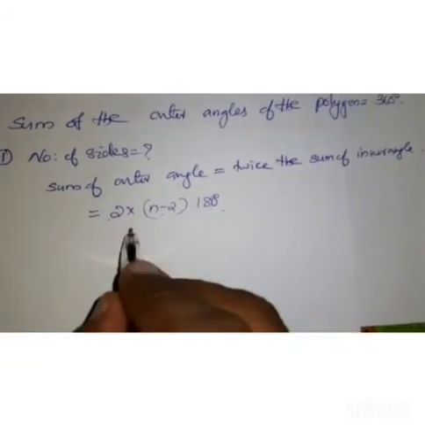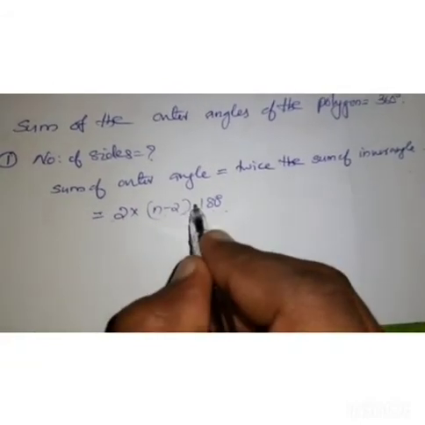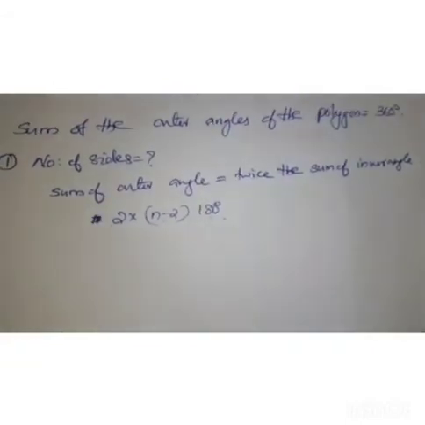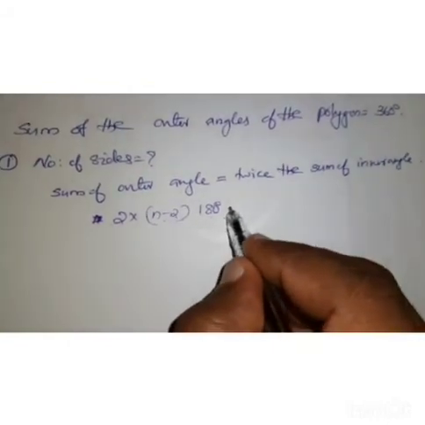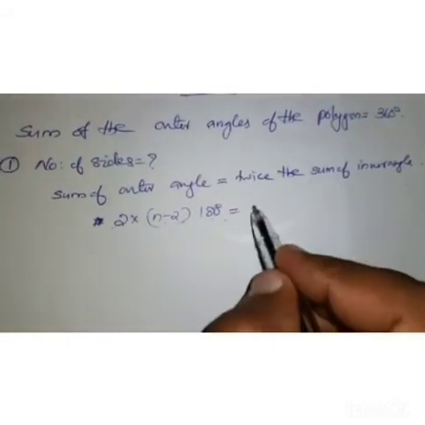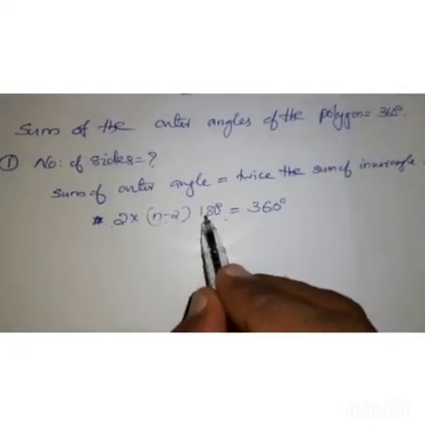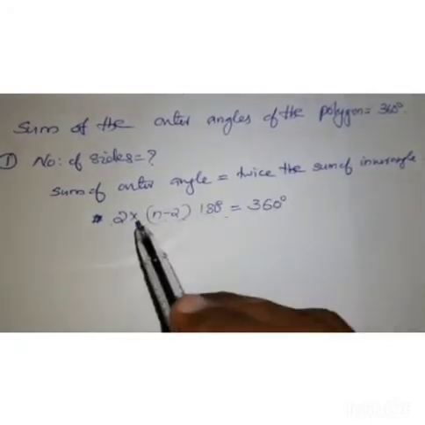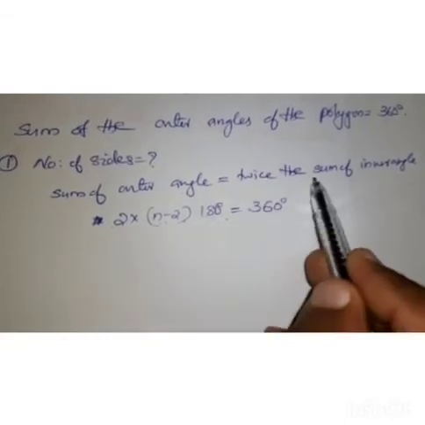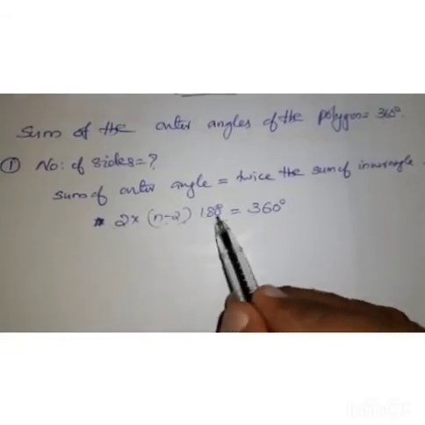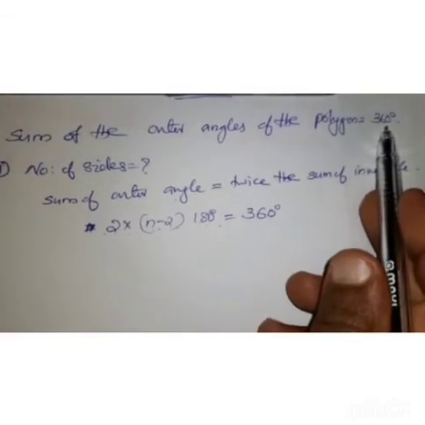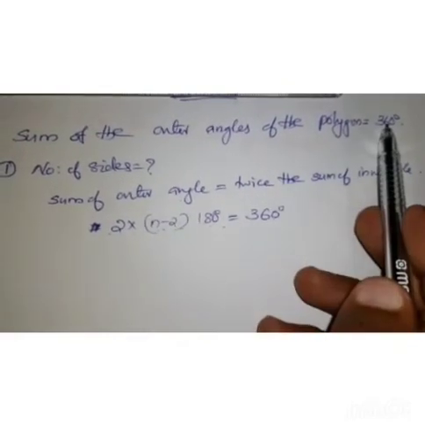Then the sum of the outer angle is how much? 360 degrees. So 2 into n minus 2 into 180 is 360. Twice the sum of inner angle, n minus 2 into 180, equals 360.